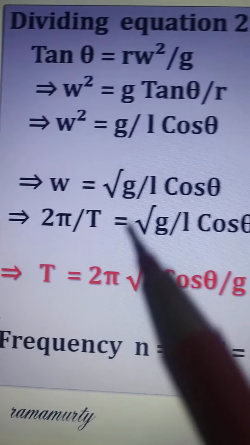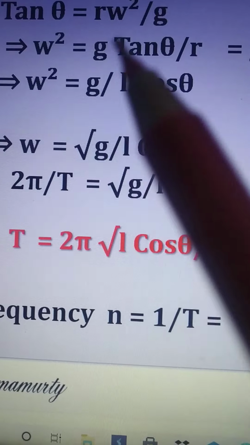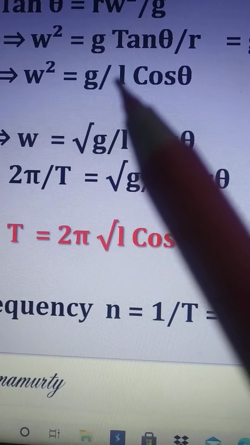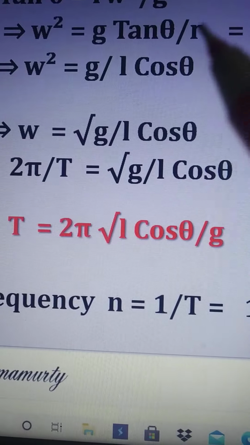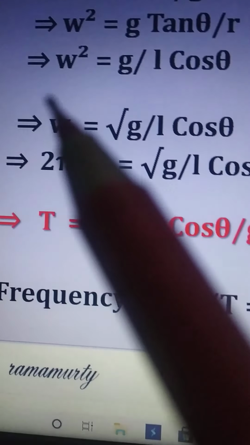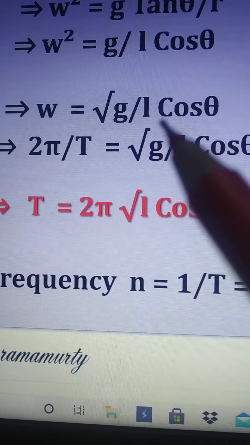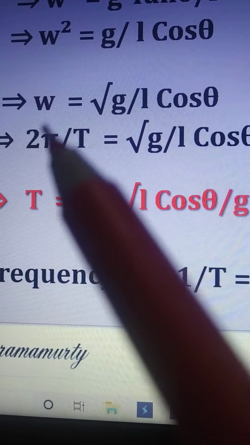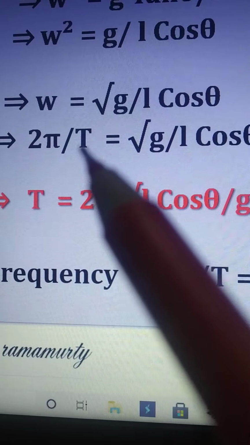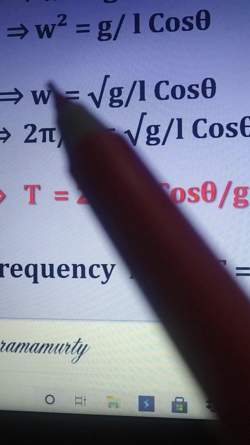Putting this in, we get omega square is equal to g upon L cos theta, because I am putting the value of r. Then omega is equal to the root of g upon L cos theta, and omega is nothing but 2 pi upon T, because the time period is equal to 2 pi upon omega.